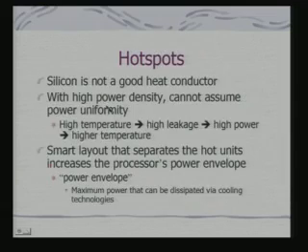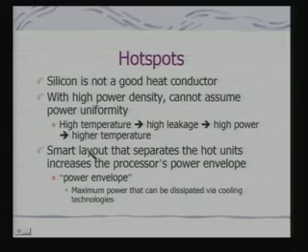So, a failure can happen if there is a spot which is highly heated up. In fact, silicon is not a good heat conductor. With high power density, we also cannot assume power uniformity.